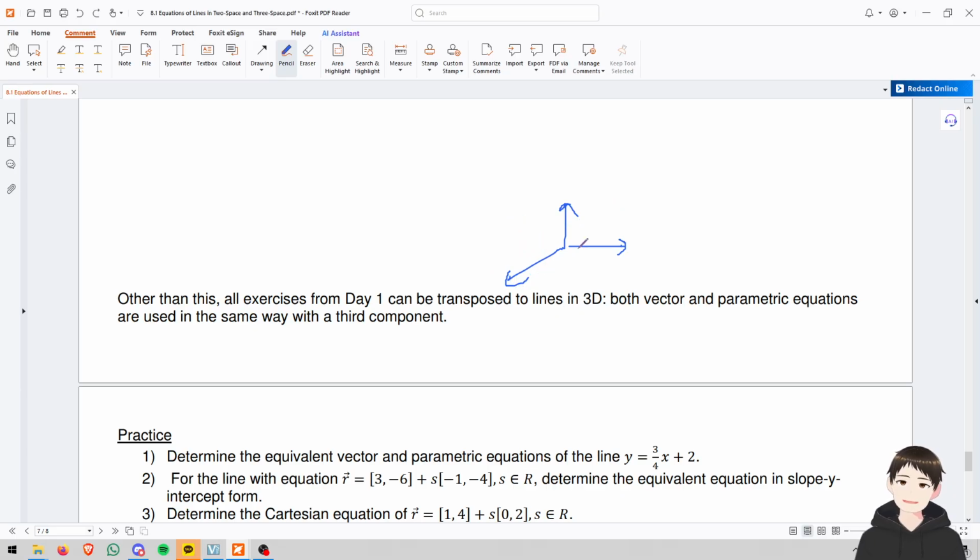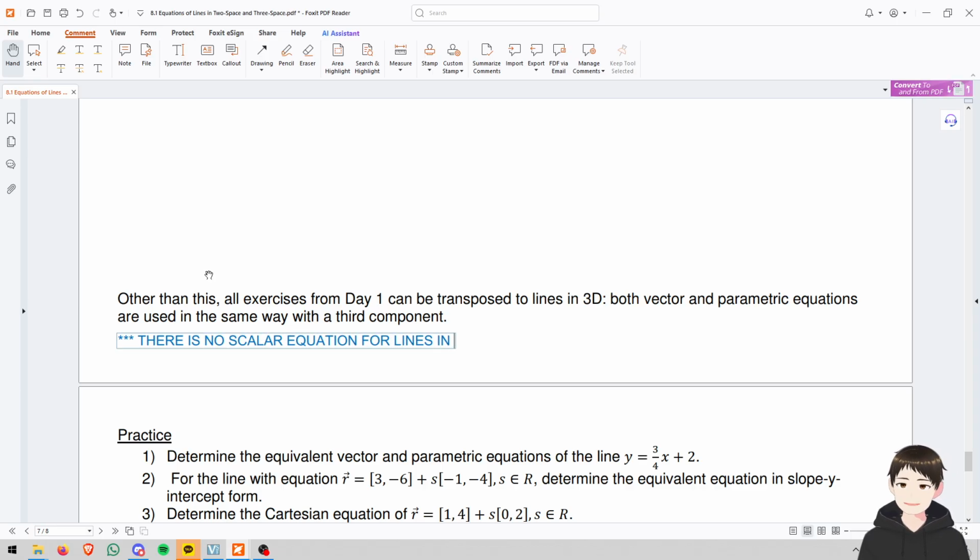There are way too many vectors, so it doesn't really work like that in 3D. In fact, it represents something else. So I'm going to write here, triple star: there is no scalar equation for lines in 3D.